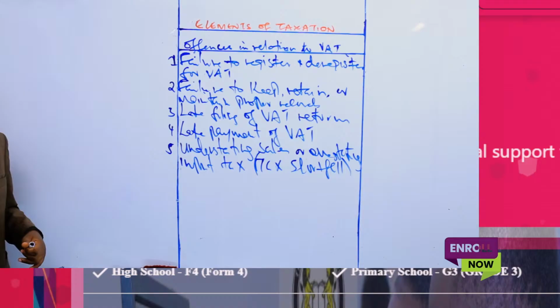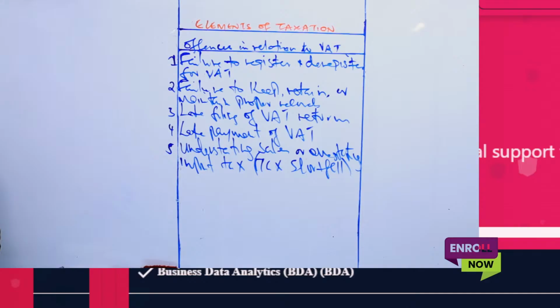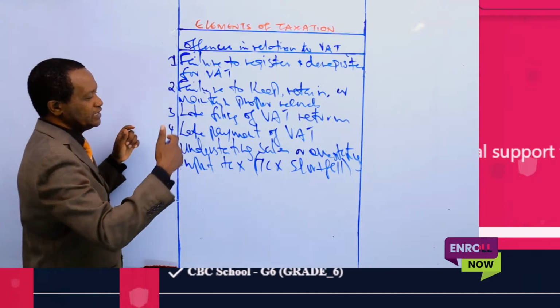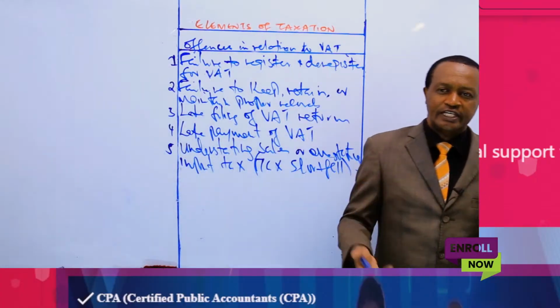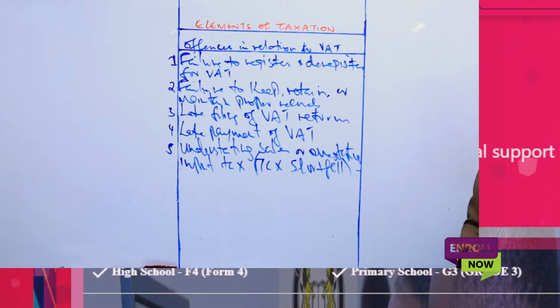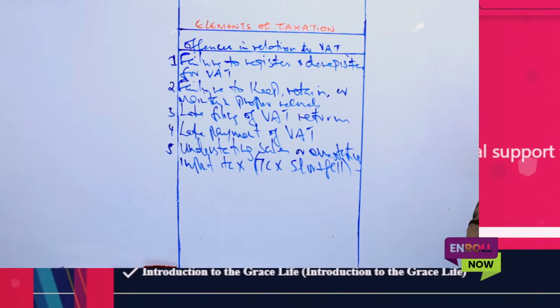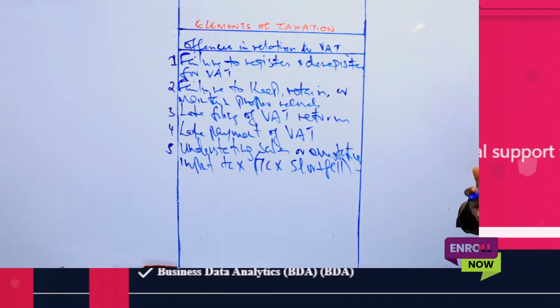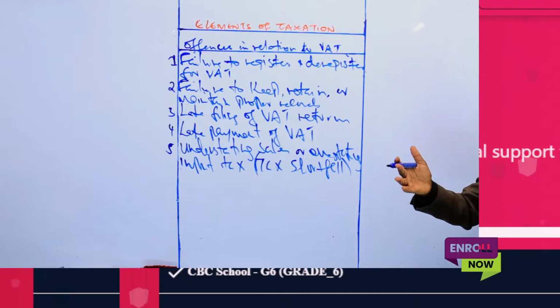The offense is deliberately providing false or misleading statements or omitting information that results in a lower VAT liability. That is an offense. That is to mean under declaring output tax or a higher VAT refund.